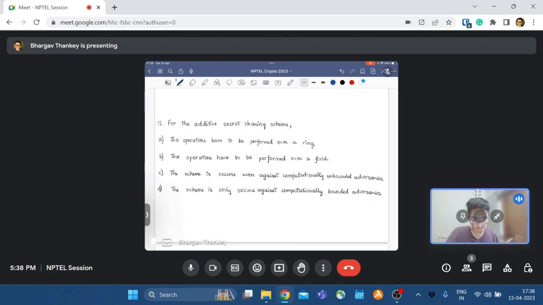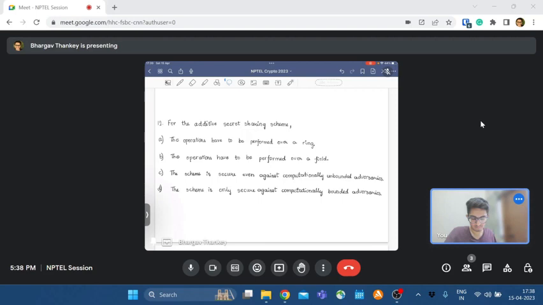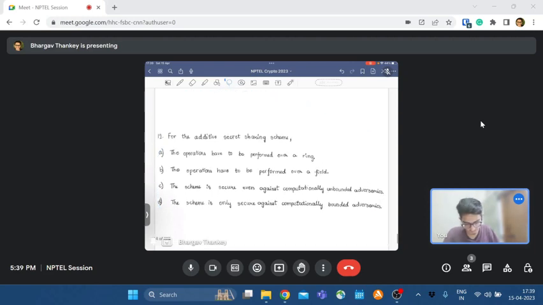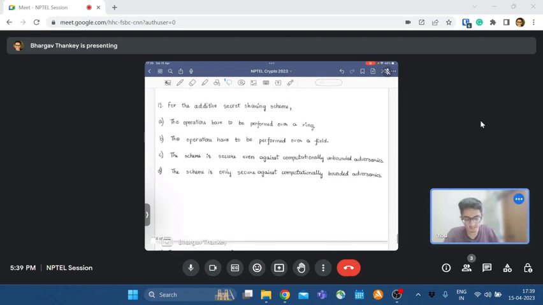And option D is the scheme is only secure against computationally bounded adversaries. So which of these is correct? Okay, let's go over all the options.